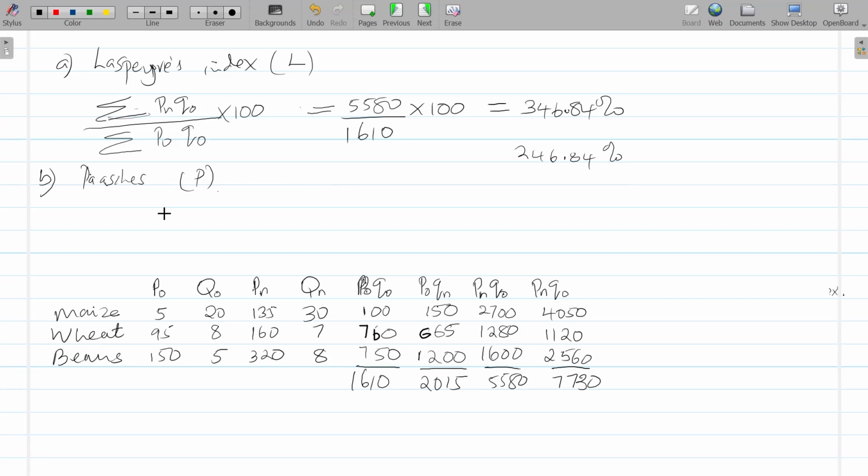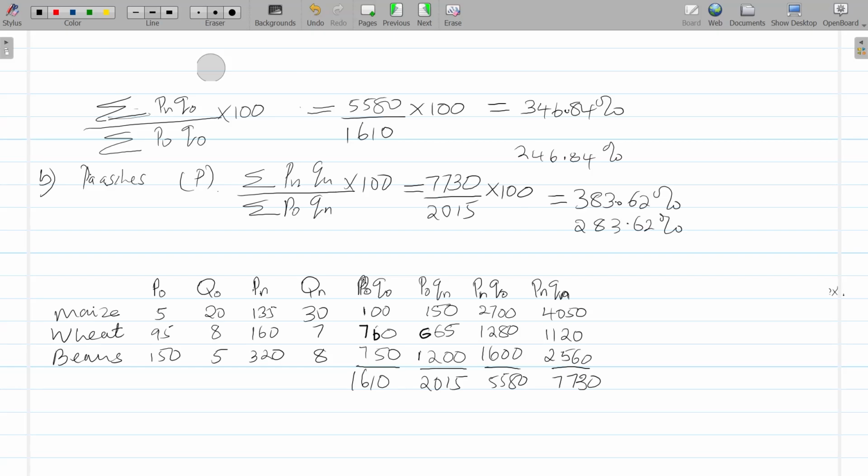That is Laspeyres index. Then B, we move straight to Paasche. We normally just call it P, and Laspeyres we call it L. Paasche index is computed using the formula summation of Pn Qn over summation of P naught Qn times 100.